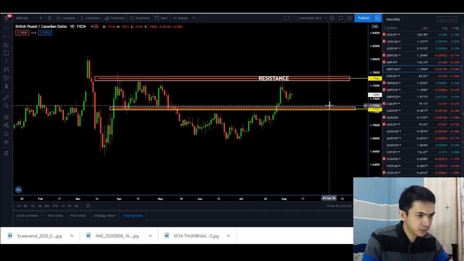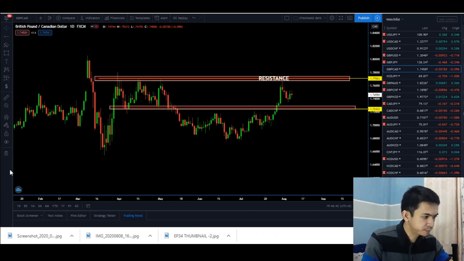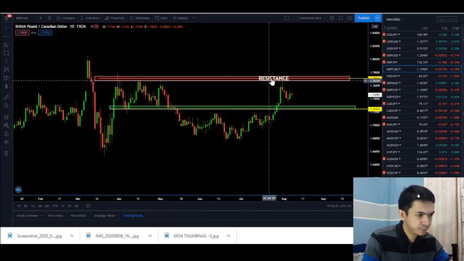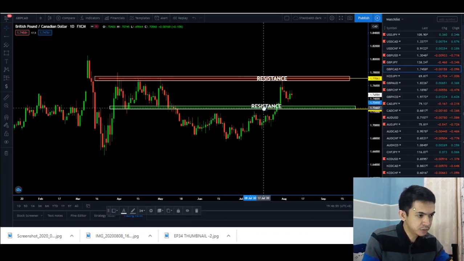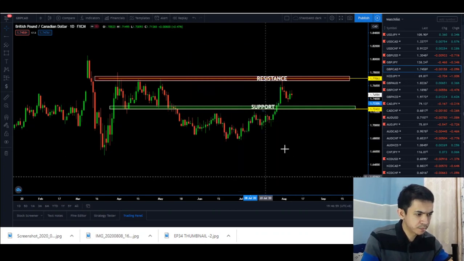Key significant level of support. All right. Let me change this color to green to make it simpler. Right. This will be my key significant level of support.